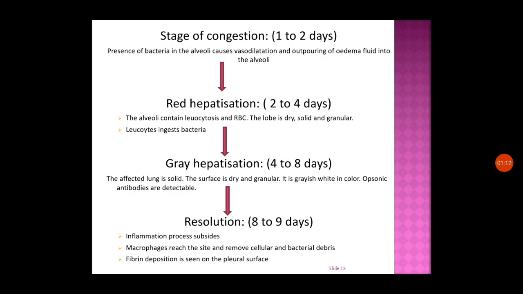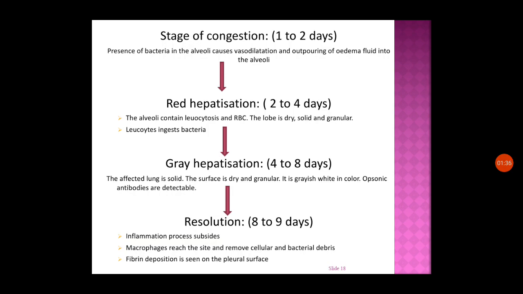So, these are the four stages through which pneumonia progresses in an individual, the pathophysiological changes that happen in pneumonia. Stage of congestion means the presence of bacteria or any organism in the alveoli causes vasodilatation and outpouring of edema fluid into the alveoli.